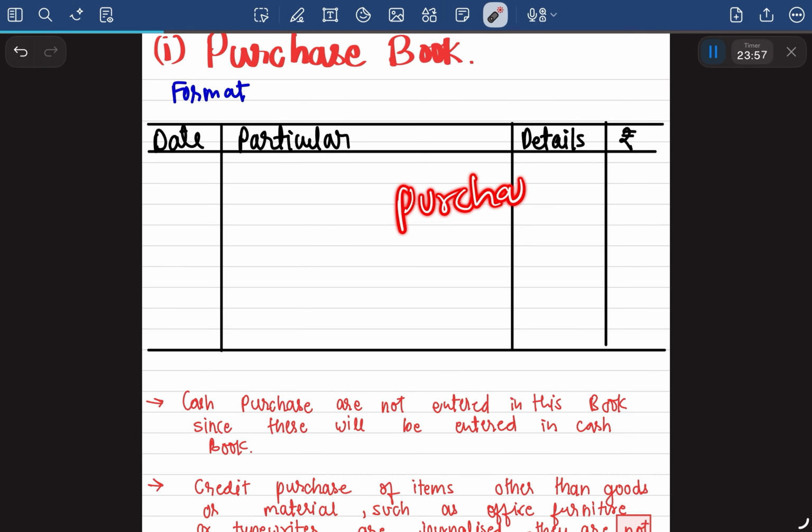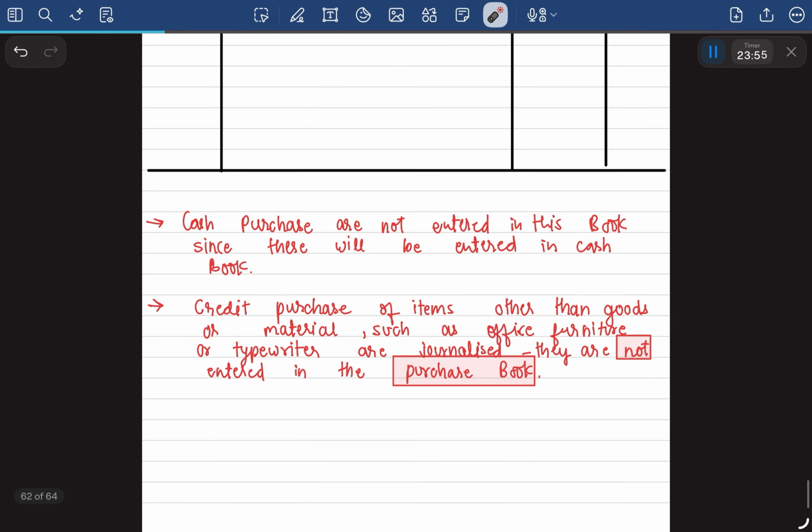And anything other than goods, we will not record in purchase book. We will journalize them, but we will not record them. It doesn't matter whether they are credit or cash. We only record credit purchases of goods. Anything else, we journalize.